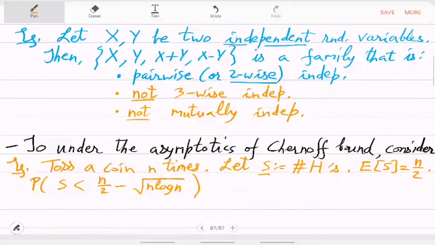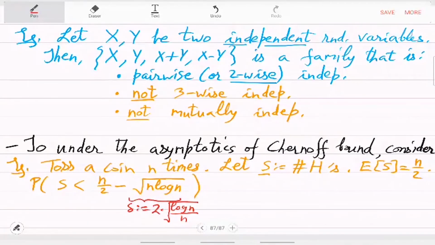So what is delta here if you want to apply the Chernoff bound? Delta is the ratio of the two, square root of n log n divided by n by 2, which gives you delta.